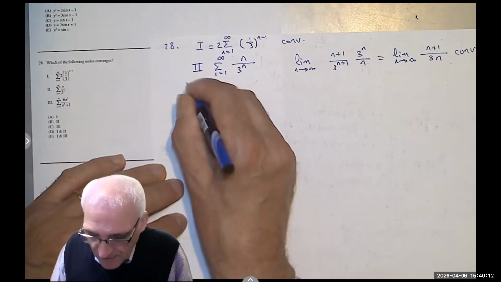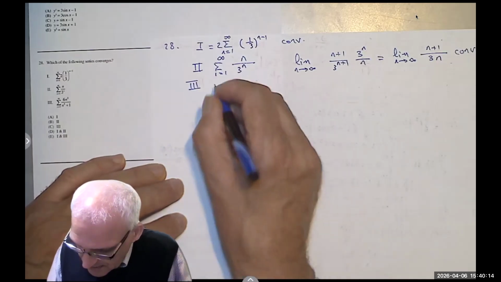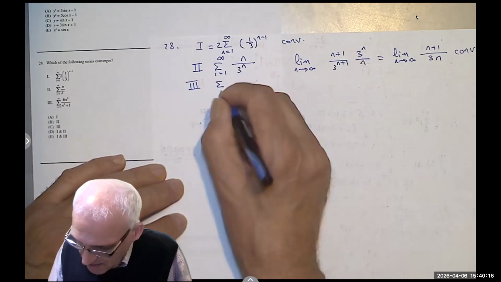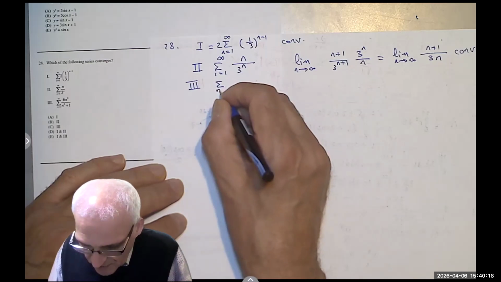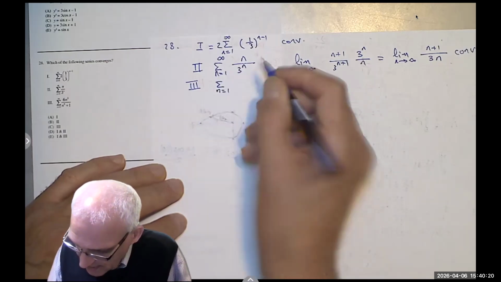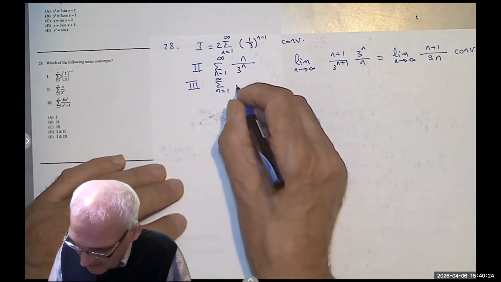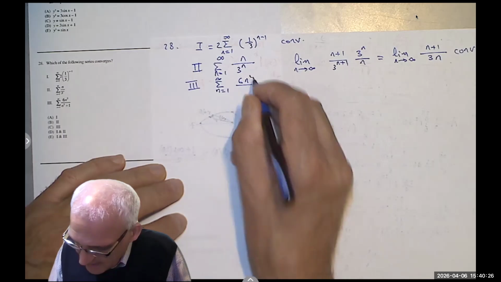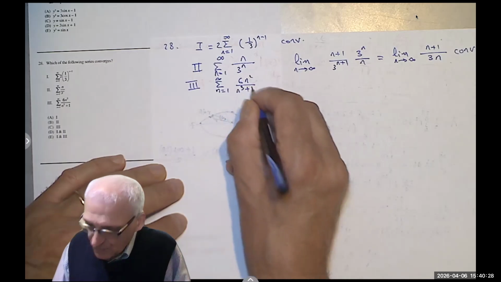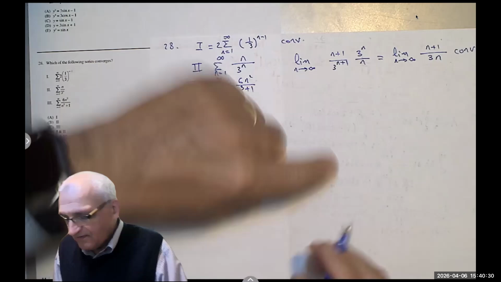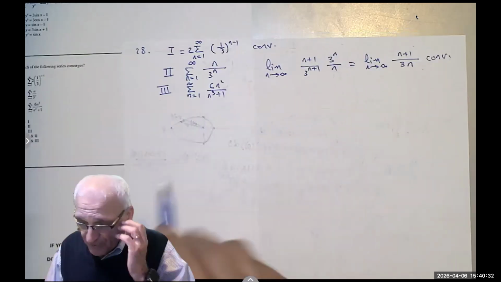The last one is the summation, n going from 1 to infinity, of 6n squared over n cubed plus 1. And this one eventually would go to 0 as n approaches infinity.